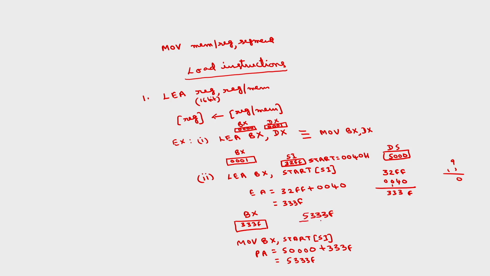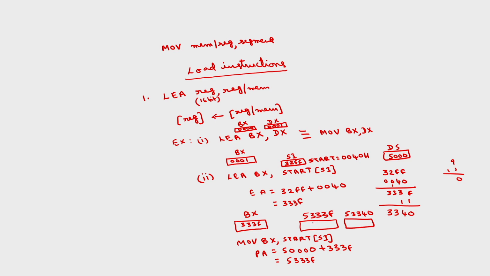From this location 5333F, if you have some data, and the next location, what will be the next location? If I add 1 to this one, F plus 1 becomes 10, so this will be 53340.